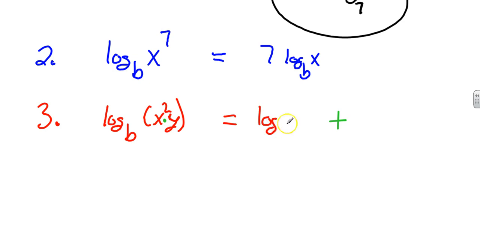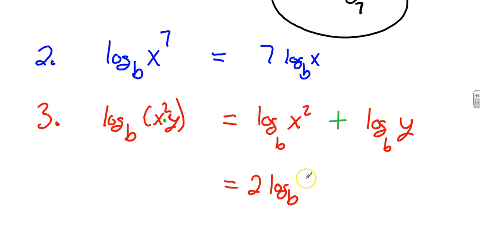So it's the log of x squared plus the log of y. And the second part, the log of y, is okay because that one's fine, everything's good there. But because this one has this exponent, you've got to go one more step with that one. That 2 that's in the exponent needs to be out front, so it's a product, or it's 2 times the log of x with b as your base.